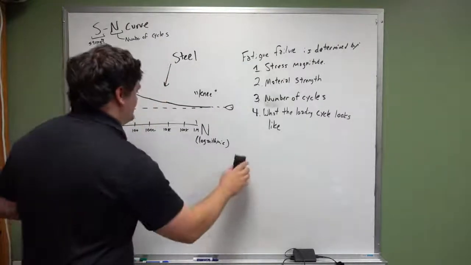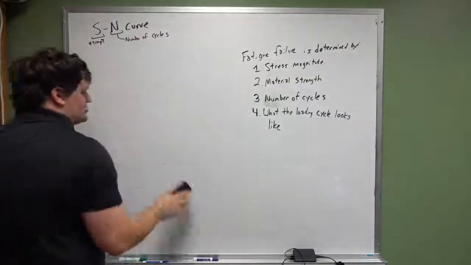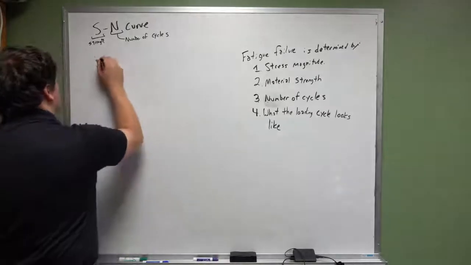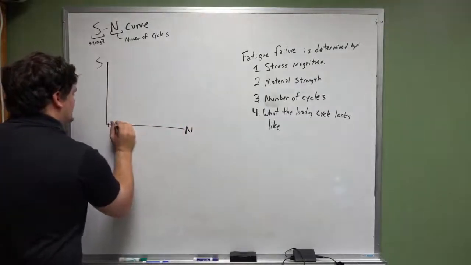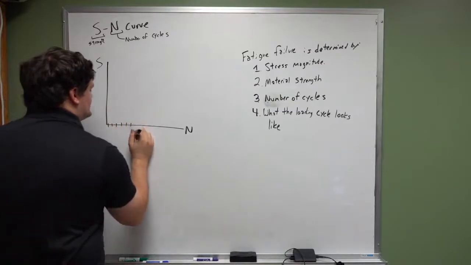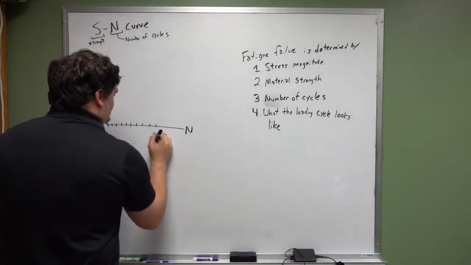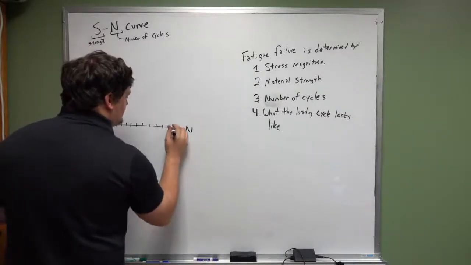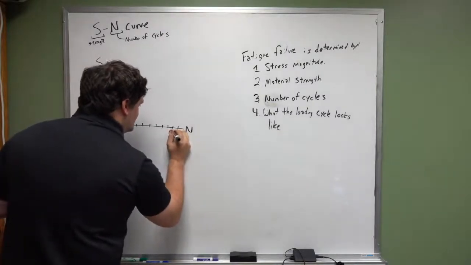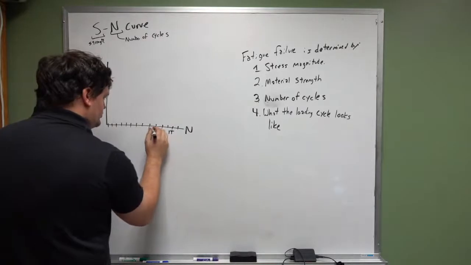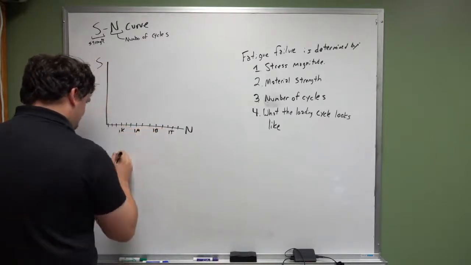Aluminum's graph, let me redraw this SN curve now, where this is going to be 1, 10, 100, 1,000, 10,000, 100,000, million, 10 million, 100 million, billion, 10 billion, 100 billion, trillion, 10 trillion, 1K, 1M, 1B, 1T.